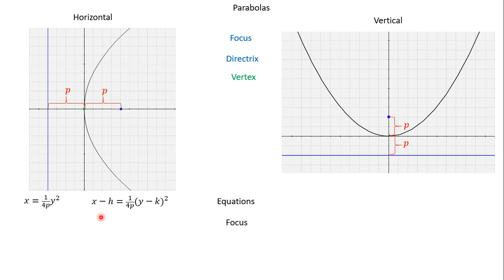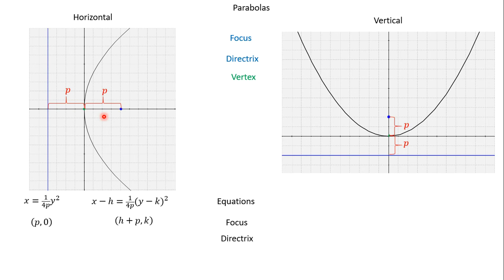Equations for other stuff, the focus. The focus is going to be at the vertex, and we're going to go p units horizontally to the right. So if the vertex is 0, 0, and we go p units to the right, we're now at the point p, 0. If the vertex is at h comma k, and we go p units to the right, it's h plus p comma k.